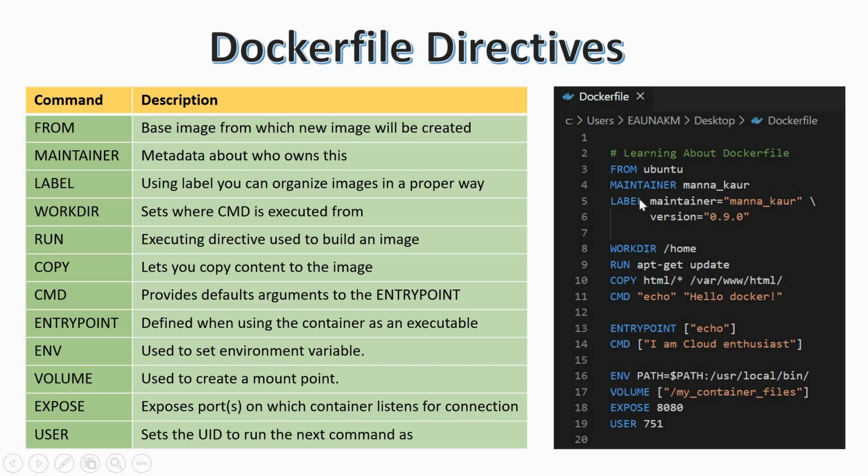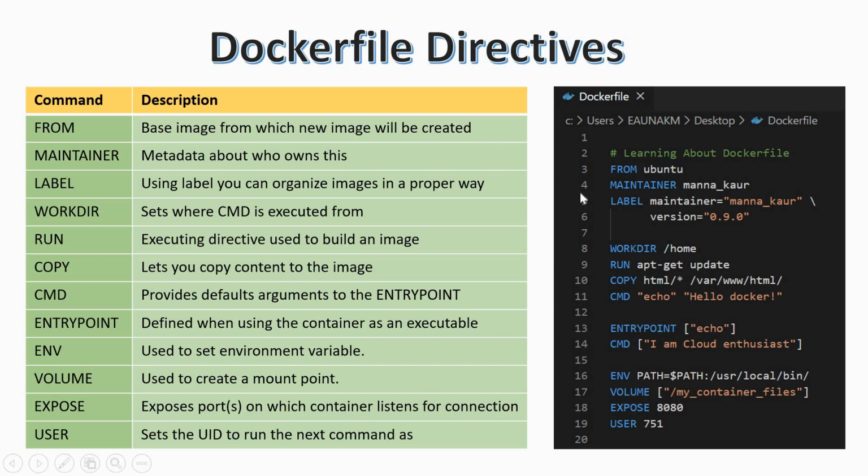The next is the MAINTAINER directive, which gives the metadata about who owns this image. Like in the fourth line, there is MAINTAINER and then the name of the person who will be maintaining this image. The next is the LABEL command, which is similar to MAINTAINER, but in LABEL we mention other things as well in order to distinguish this image from other images, like how we label our spices at home, in our kitchen.